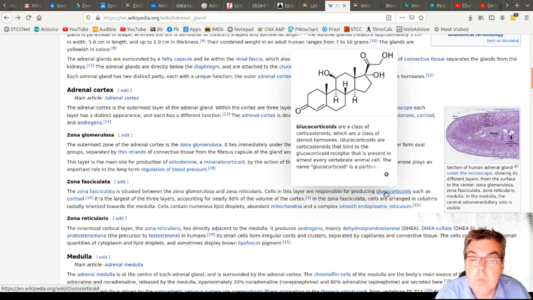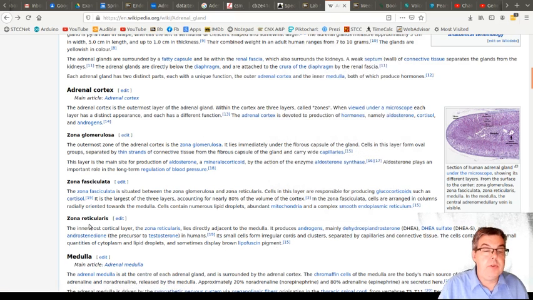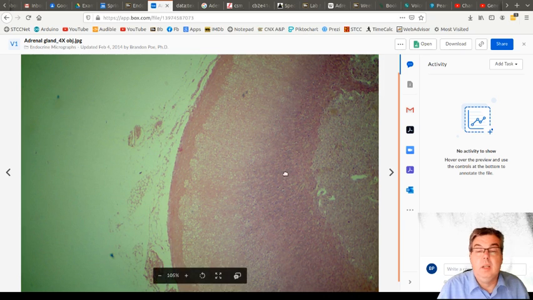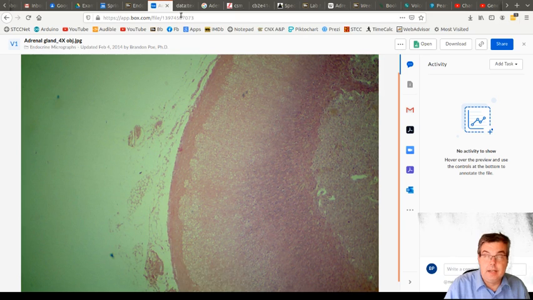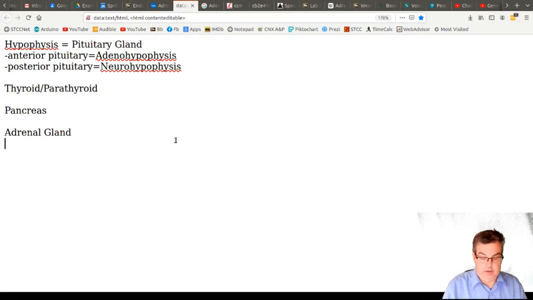I was hoping there was an example name here, but so glucocorticoids. And then the innermost part is the zona reticularis, back to that picture, which is this part here, and it's responsible for what I'm going to call the gonadocorticoids. So let me write this down.